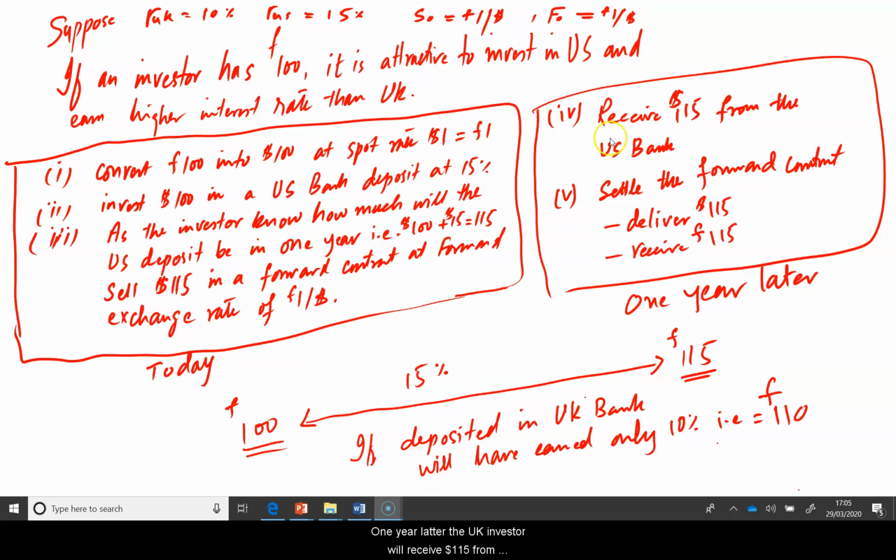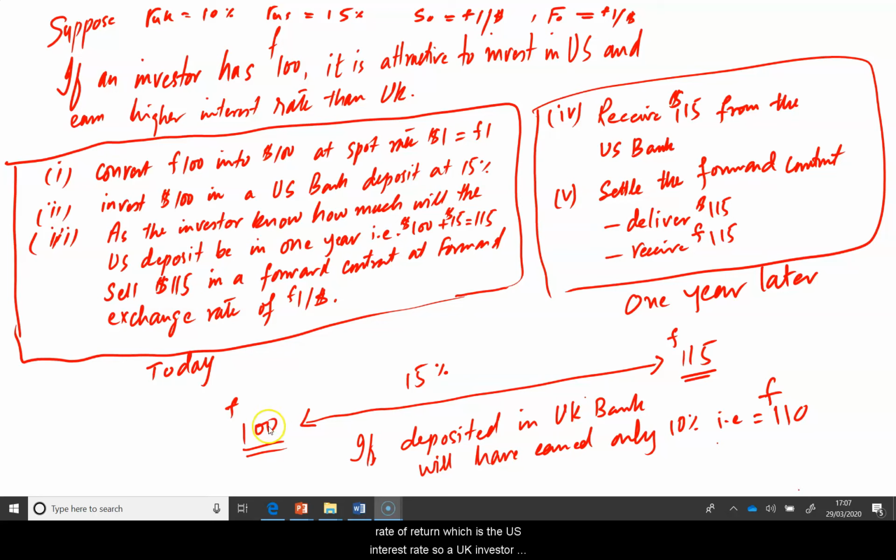1 year later, the UK investor will receive $115 from the US bank and then settle the forward contract by delivering $115 and receiving £115. The $115 delivered in the forward contract comes from the US bank deposits, which matured to $115, and hence he is left with £115 after 1 year. £115 after 1 year is implying a 15% rate of return, which is the US interest rate.